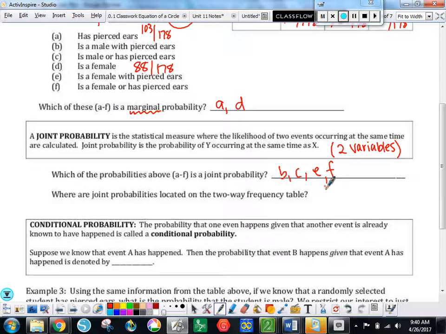Basically a joint probability is going to be using intersections and unions, from yesterday. So I guess that answers this question here.